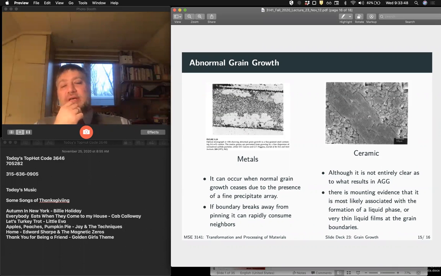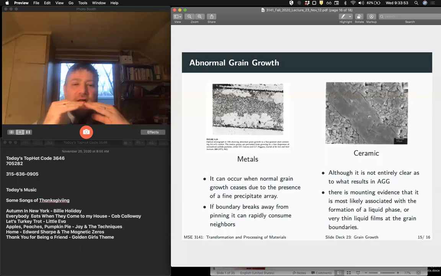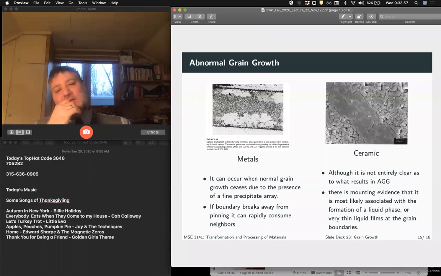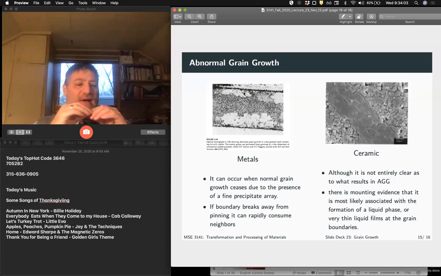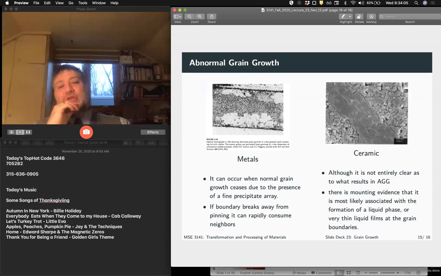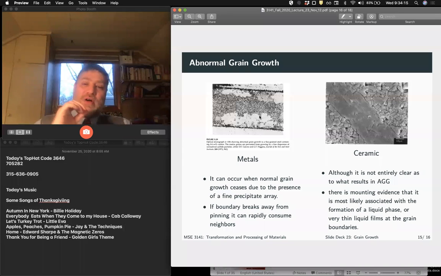And essentially, we just are at this right balance where everything isn't homogeneous, right? Our structure has enough heterogeneity in it that locally the driving force for growth is a little bit higher in some region, and the restraining force is just a little bit lower.